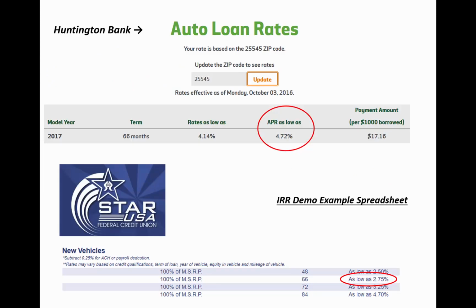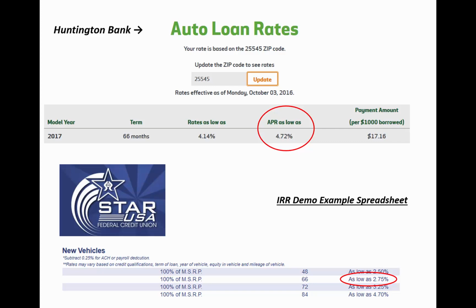As a part of the illustration for today's class, I want to point out that you can get different interest rates if you go to different banks. A couple of years back, I got auto loan rates for a 66-month loan. Huntington Bank was offering 4.72%, but Star USA Federal Credit Union was offering 2.75%.